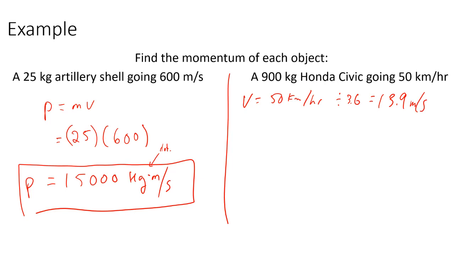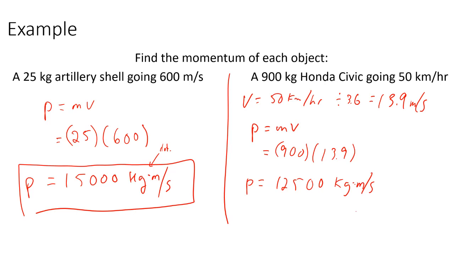Later we'll look at different times for things, and you just want to make sure that your time is in seconds and your velocity is in meters per second, standard units like we've done before. So the momentum of this Honda Civic going 50 kilometers per hour would be the mass of it, which is 900 times 13.9 meters per second, or 12,500 kilograms meters per second.